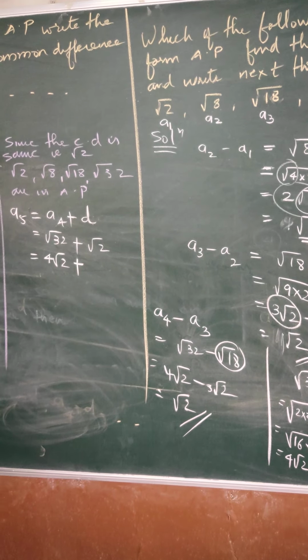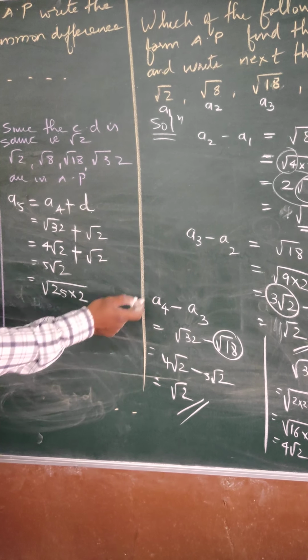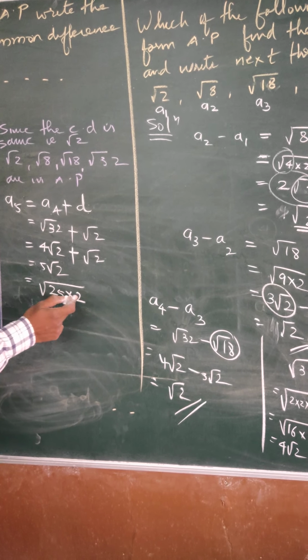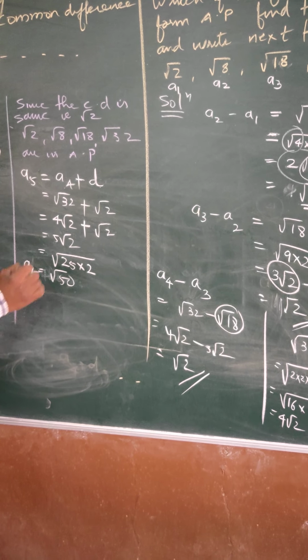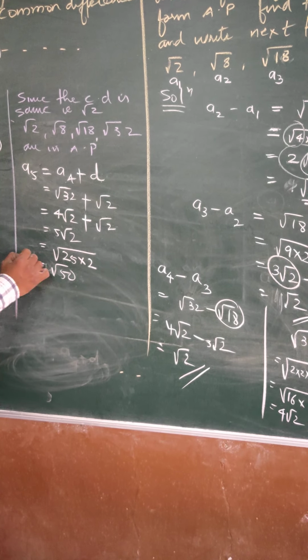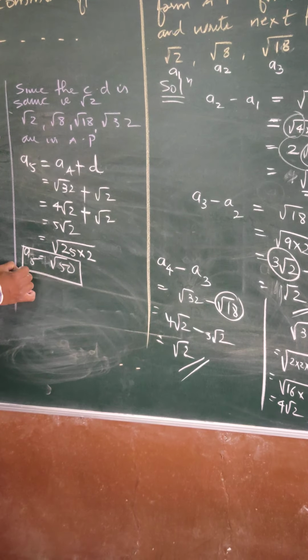Now if you want, you can write 5 root 2 as the square root of 25 into 2, because if you take the 5 inside the root, you take its square, so it becomes 25 into 2, that is the square root of 50. So A5, the fifth term, is equal to the square root of 50, or if you want, you can write 5 root 2.